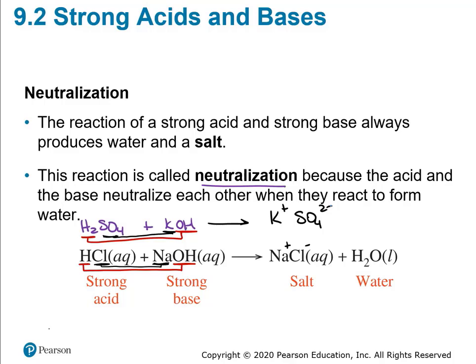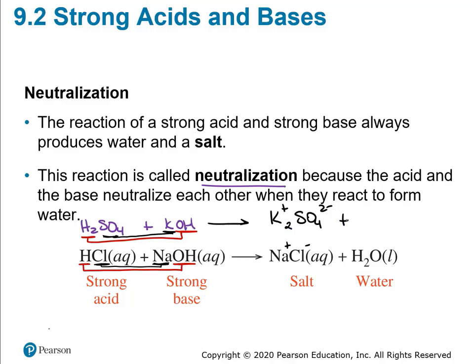How many potassiums would I need? Remember how you do that? Remember you assign the charges and then you'd swap them. So that -2 tells me that I'd have 2 potassiums. Potassium's a +1, so that means I only have 1 sulfate. So it would be K2SO4. That is a salt.